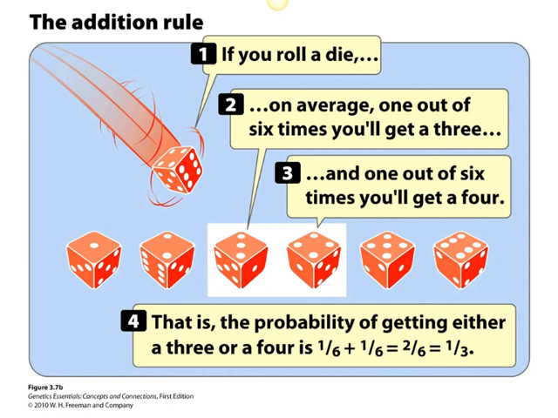Okay, so let's say I told you you're in Vegas and I said, okay, if you roll a 3 or a 4, I'm going to give you $100. So you got your die. What's the chance that you're going to win the $100? Well, if you roll a 3 or a 4, either one is going to win you the $100. Because when I say or, that means I'll take either one.